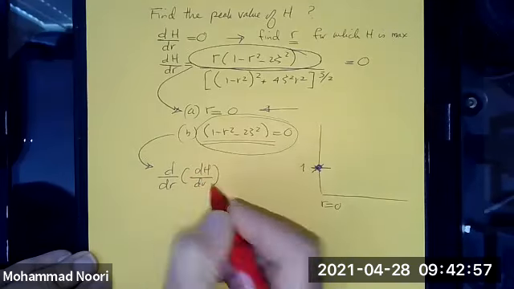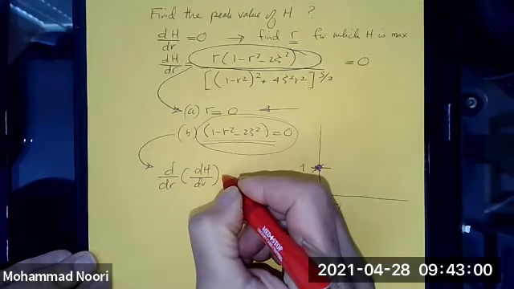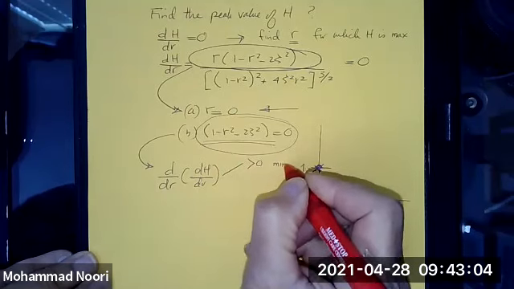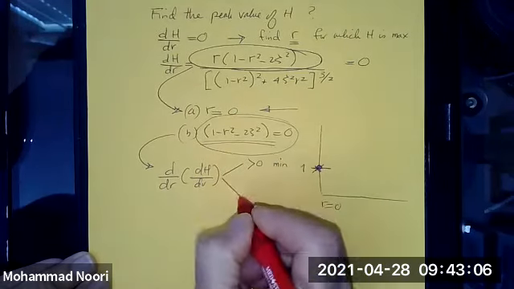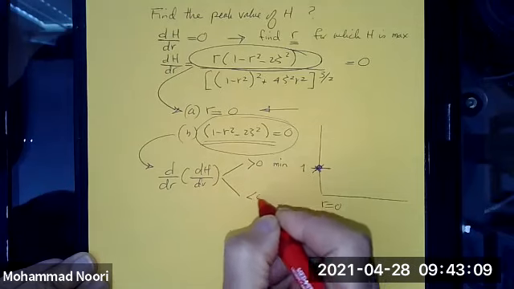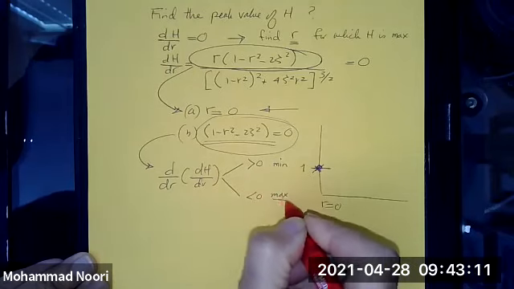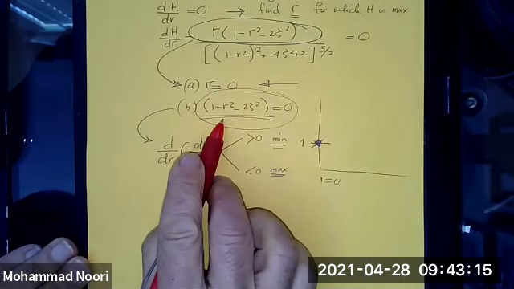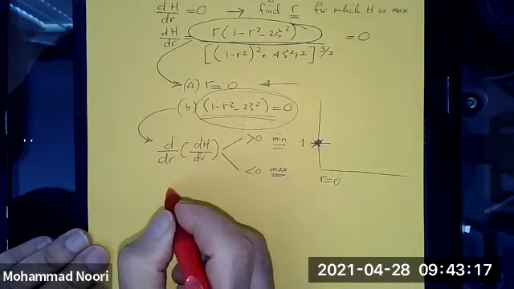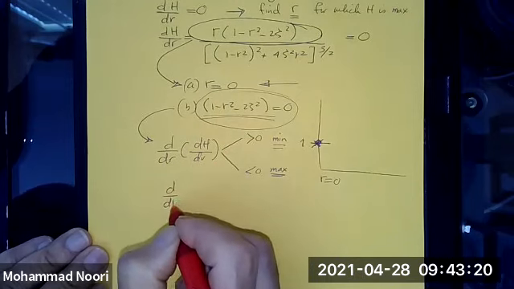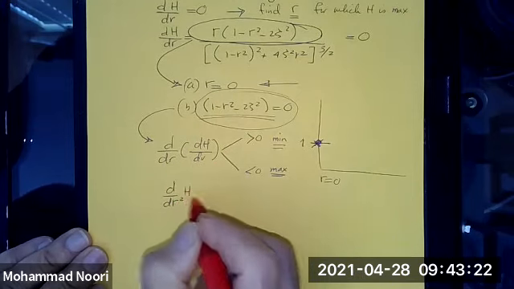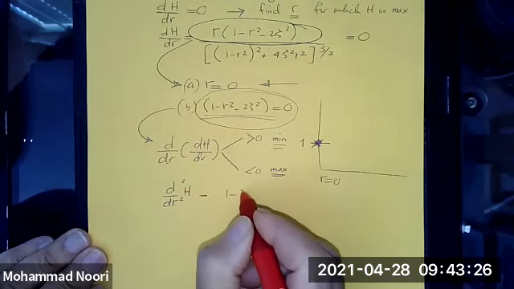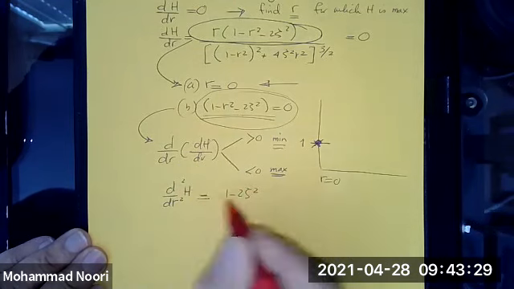And if this value is positive, it corresponds to a minimum. If it is negative, it corresponds to a maximum. So let's take the derivative of this with respect to R. The second order derivative of H would be 1 minus 2 zeta squared, right?